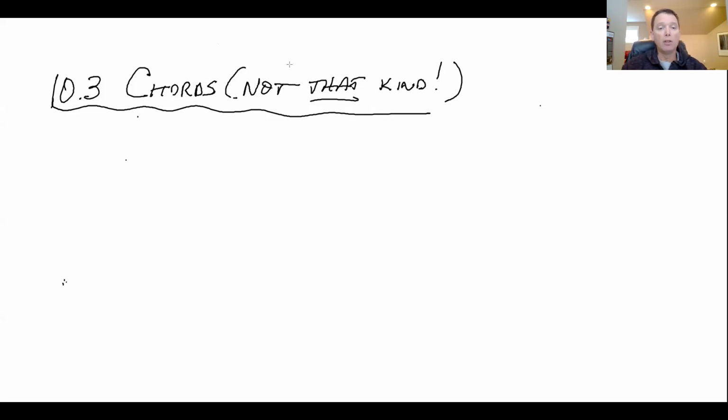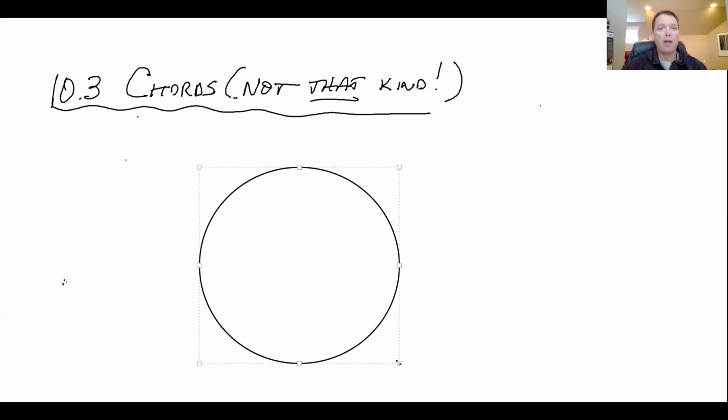What we are, though, going to look at is a line that intersects the circle in a very special way. If you look at your notes, you're going to see a drawing that looks something like this.